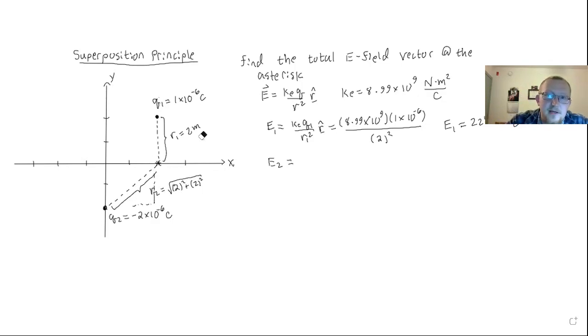So R2 ends up being the square root of 8, which is 2 root 2. Now that we know that, we can plug this into our calculators. Q2 is 2 times 10 to the minus 6. I'm not including the sign of the charge at this point because I'm going to do that later when I actually draw the electric field vectors.